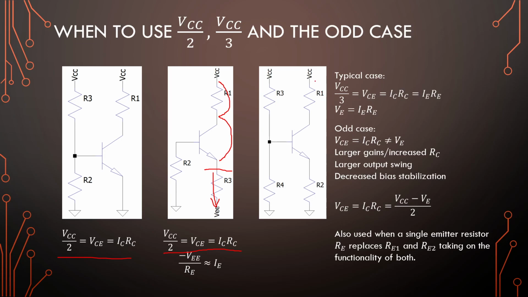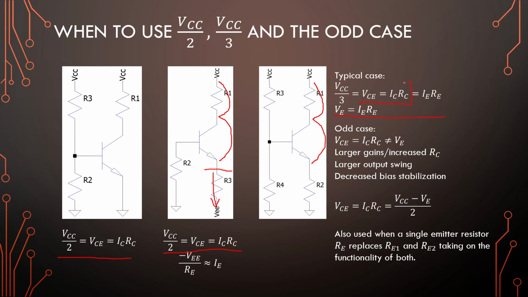Right. Then the last one is when you have the emitter resistor included and only one rail. And with that, it is best to divide the voltage into 3. So that is the VCC over 3 case. Right? But obviously, RC, IC and VCE should always be equal to one another.